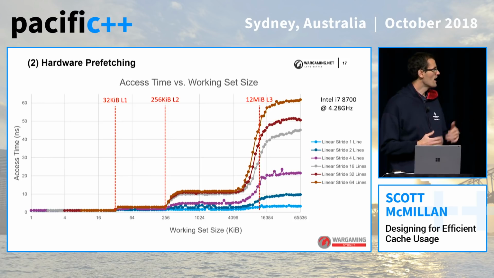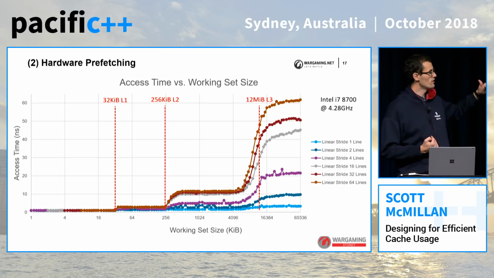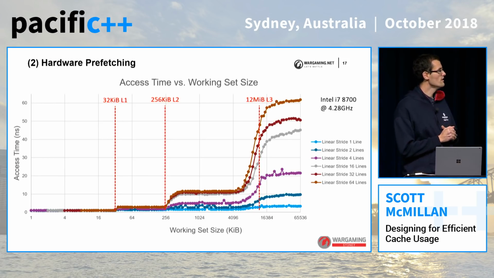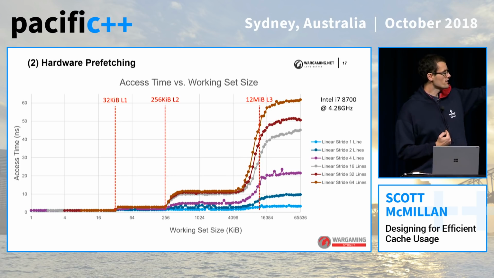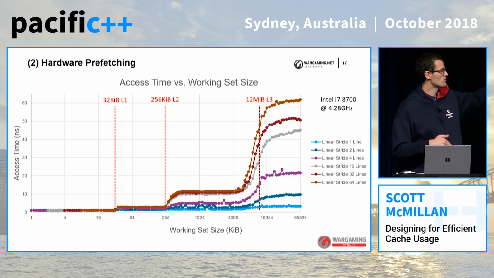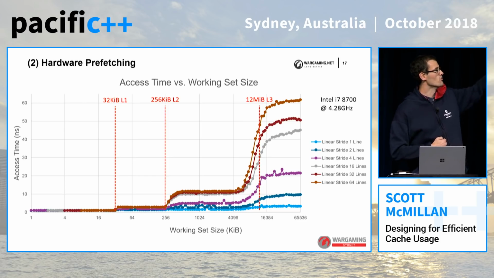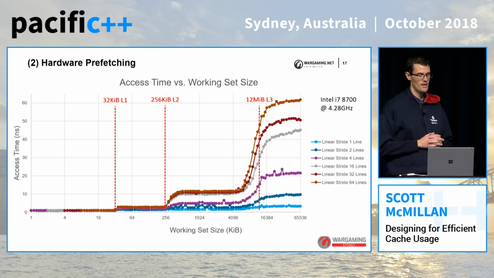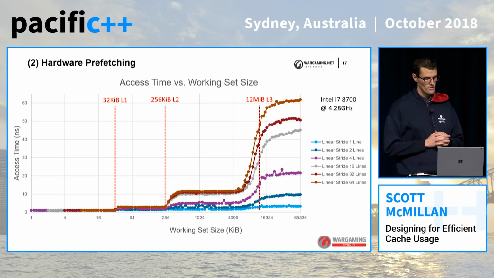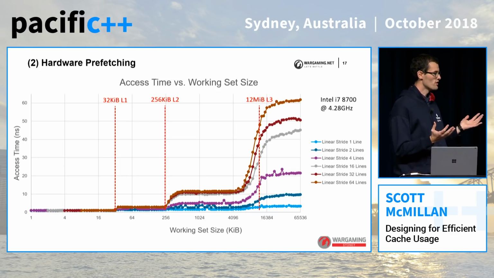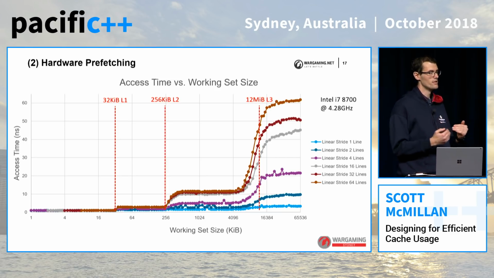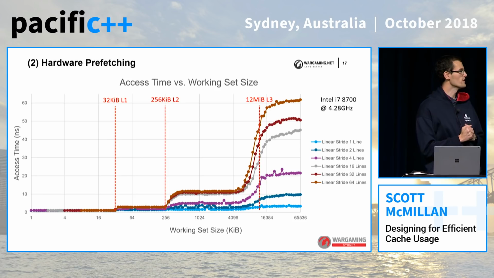If we look here at output from the same program as we vary the stride over the data, if you can't read it, the bottom lines are for small strides. The bottom line is for a stride of 1 cache line, so just linear contiguous, and it gets worse and worse as we increase the stride. We've still got motivation here to aim for linear and contiguous, and otherwise the smallest strides that we can.